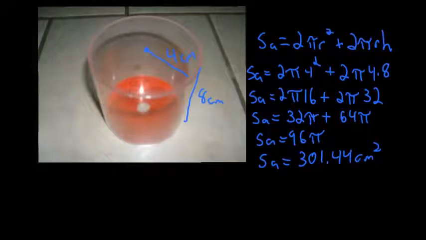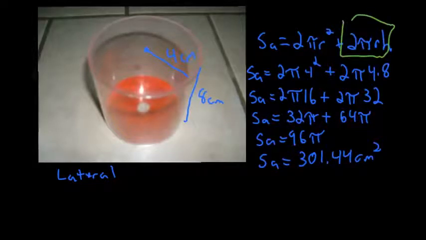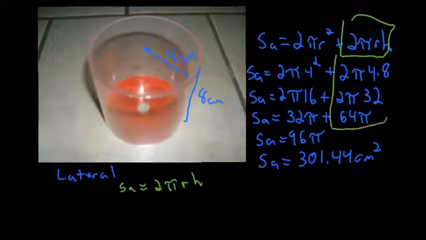If all you wanted was the lateral area, all you would need is this part of the formula. So lateral surface area would equal 2 pi r h. And we already worked that out over here to be 64 pi. So my surface area would equal 64 pi for my lateral.